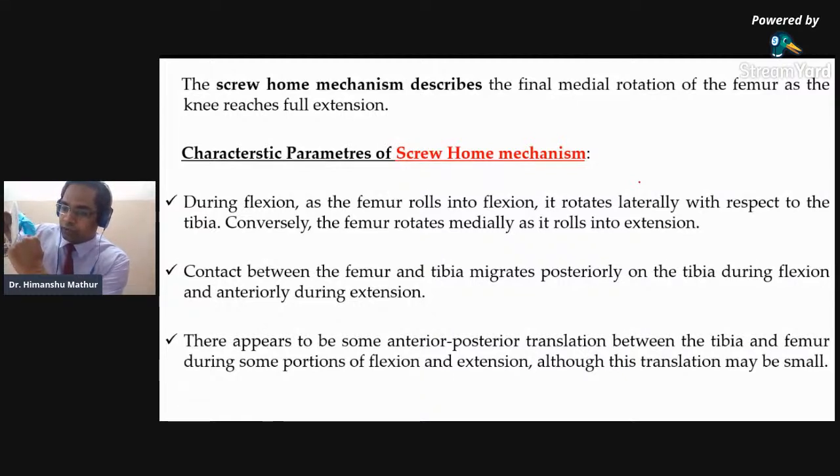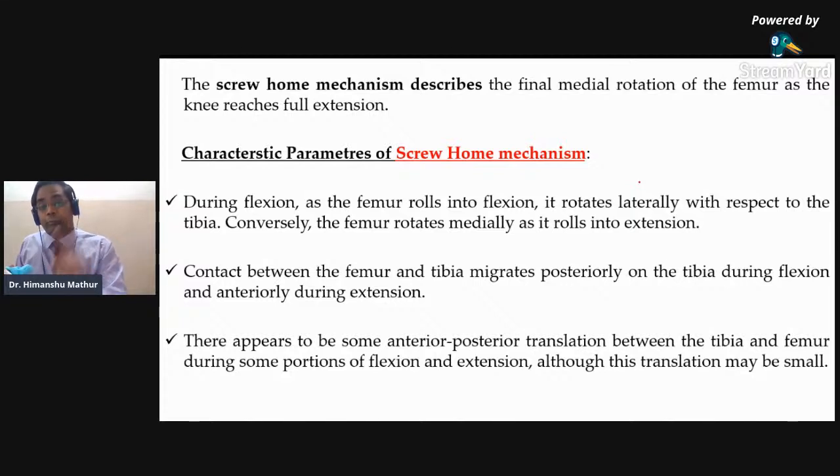So as the tibia comes into extension, the movement has been completed on the lateral condyle, but the medial condyle of the tibia still keeps on moving to complete the rolling over the larger medial condyle.